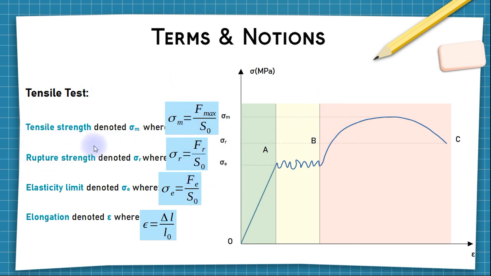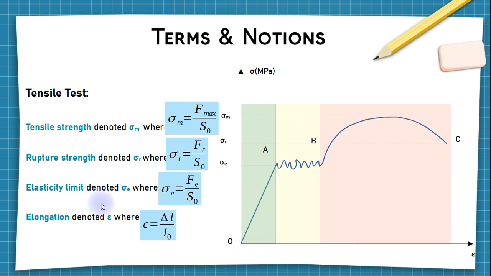So tensile strength is denoted sigma M, where sigma M is F maximum divided by S0, which is the initial cross-section area. And the rupture strength is denoted sigma R, where sigma R is Fr over S0.